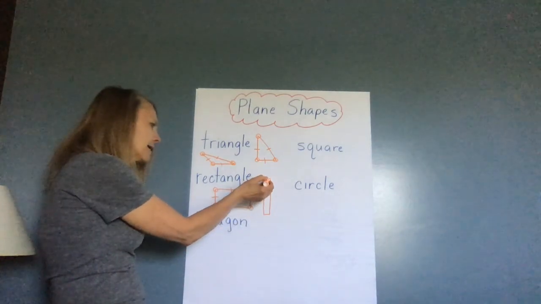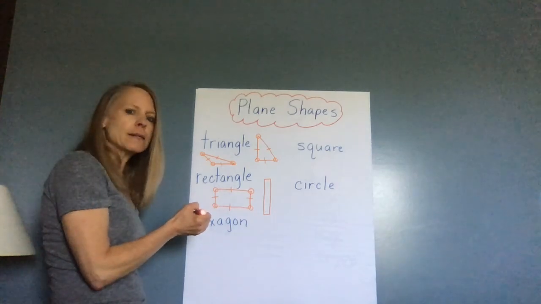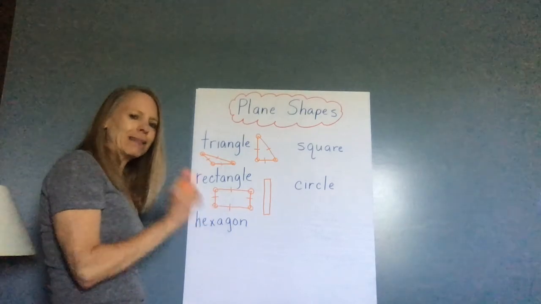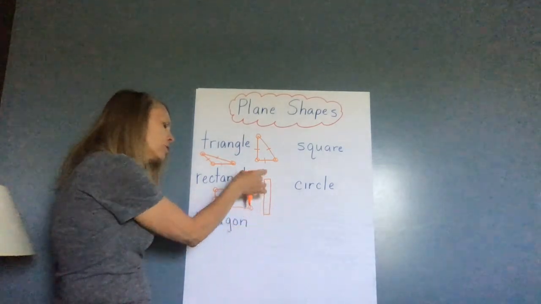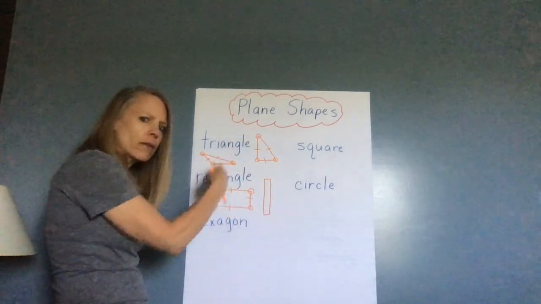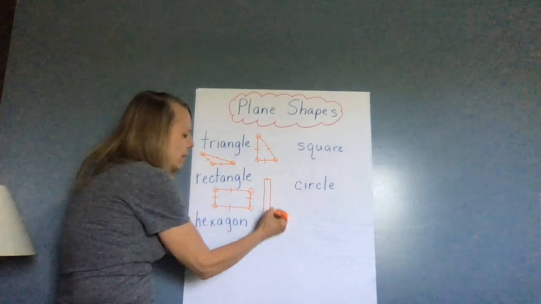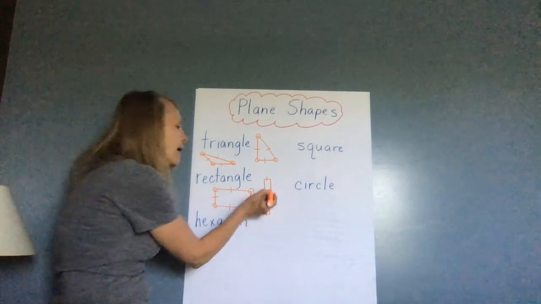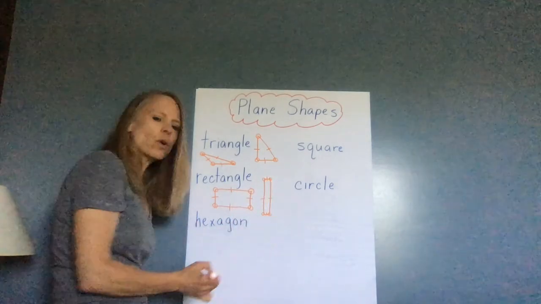So I can see here, this side is the same as this side. That's what I mean by opposite. The one that's right across from it is the same length. So here, these 2 are the same. These 2 are the same. Not all 4 of them, just the ones that are across from each other. Again, 1, 2, 3, 4, 4 sides, and 1, 2, 3, 4 corners.